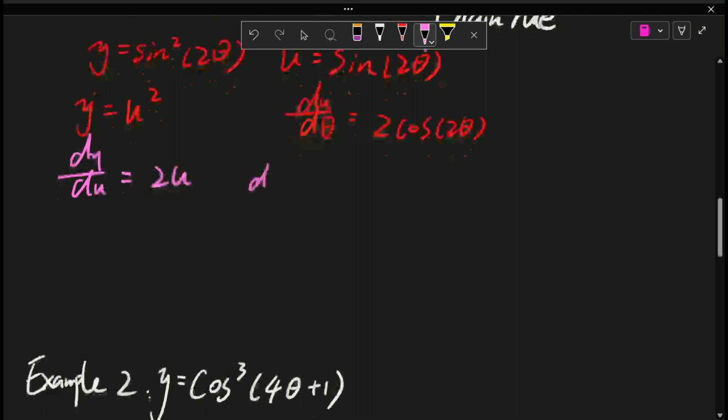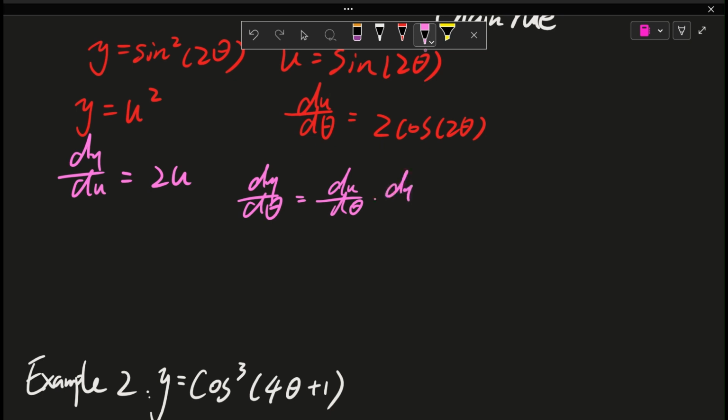So now dy d theta, make sure that's a theta, not x, equals du d theta times dy du. That equals 2u times 2 cos 2 theta.